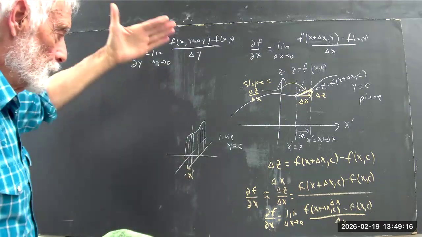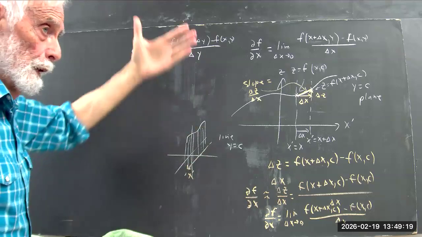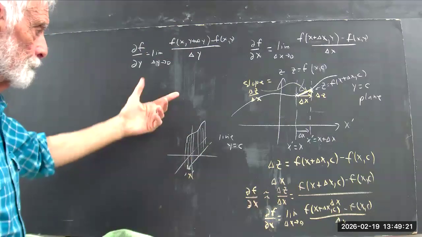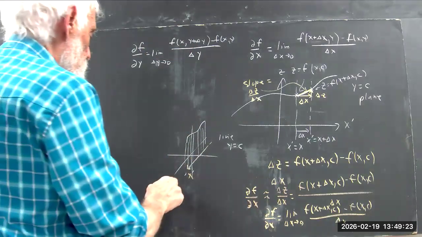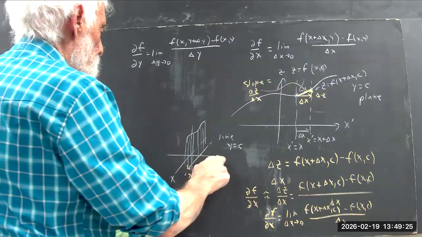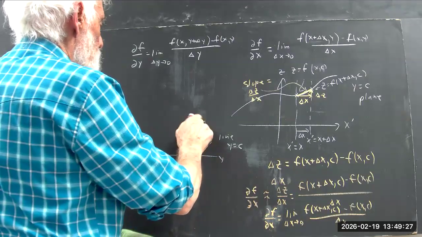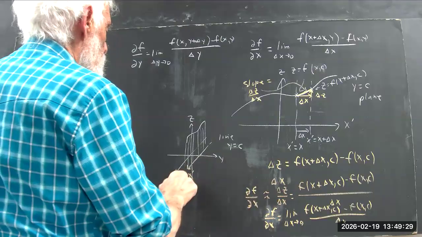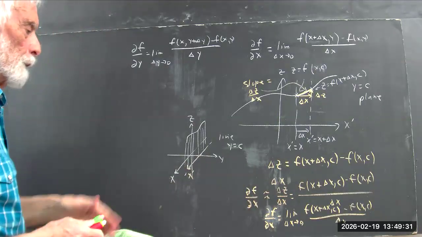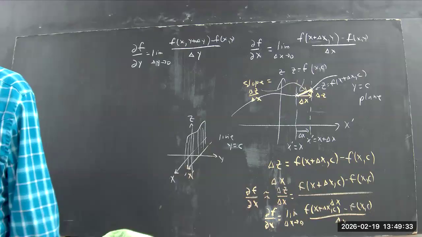And you can visualize that by just cutting the thing with a plane parallel to the yz plane. And I'm not going to draw that. I kind of drew that last time.